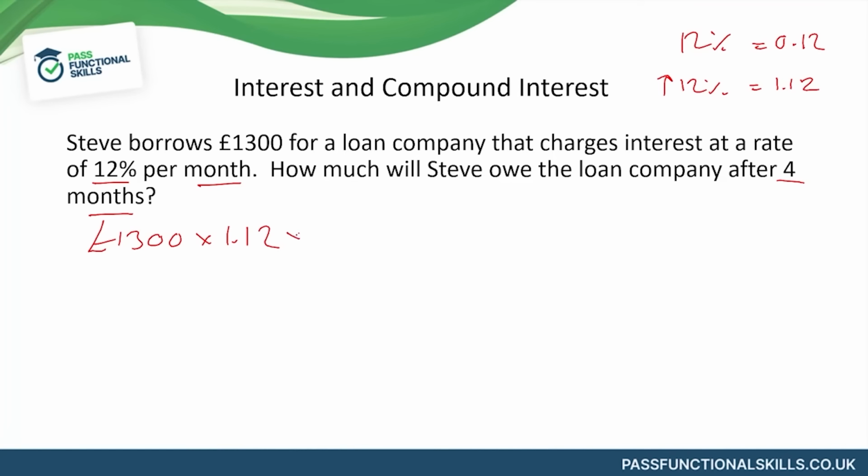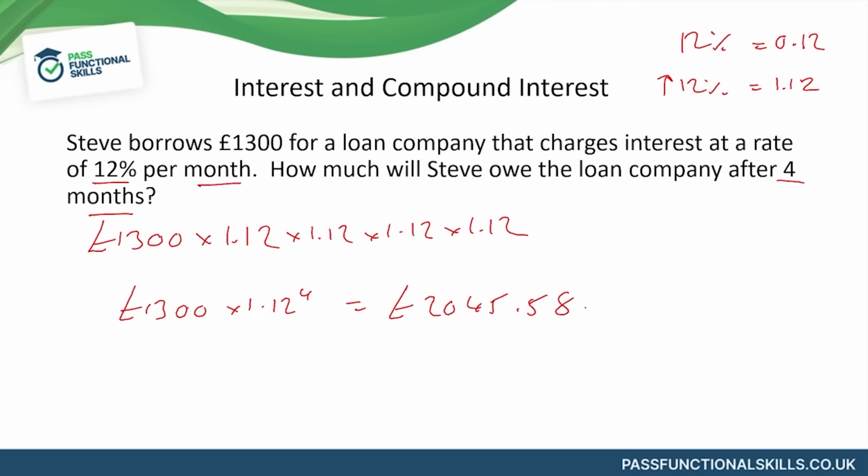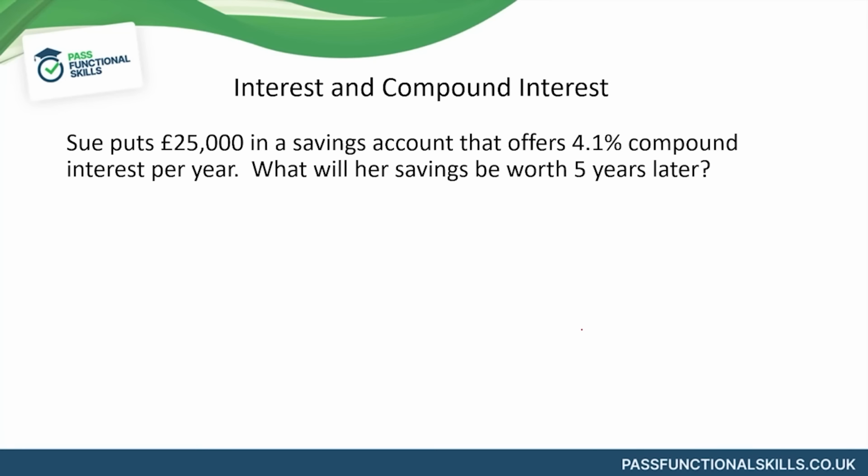So we can either multiply by 1.12 times 1.12 times 1.12, or much, much less effort would be 1300 times 1.12 to the power of 4, and 1300 times 1.12 to the power of 4 is £2,045 and 58p, rounding to the nearest penny.